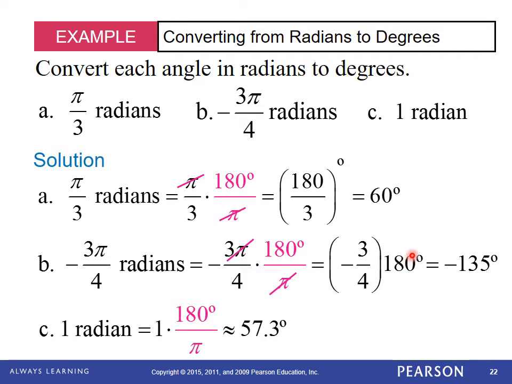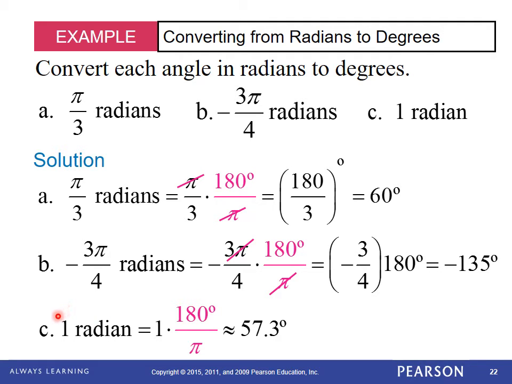And eventually, you're going to get yourself a value. Let's see, 4 goes into 180. I think it's going to be 45 times, and 45 times a negative 3 would give you a negative 135 degrees.